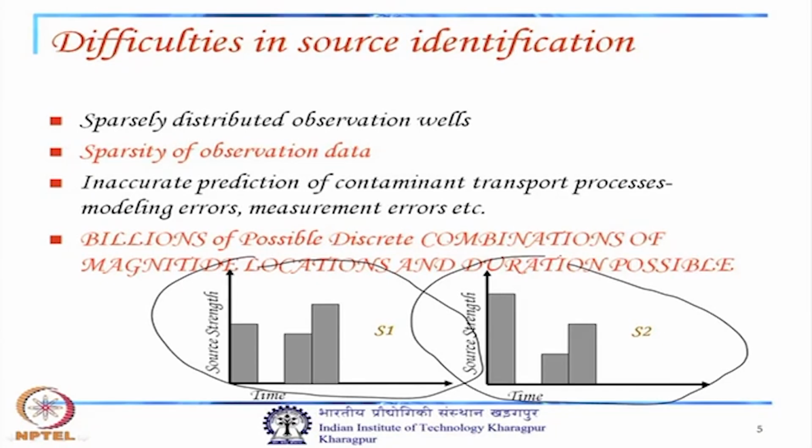So, we have two things, that this kind of S1 combination and the second S2 combination may give the same results in the down gradient monitoring wells in terms of breakthrough curves.